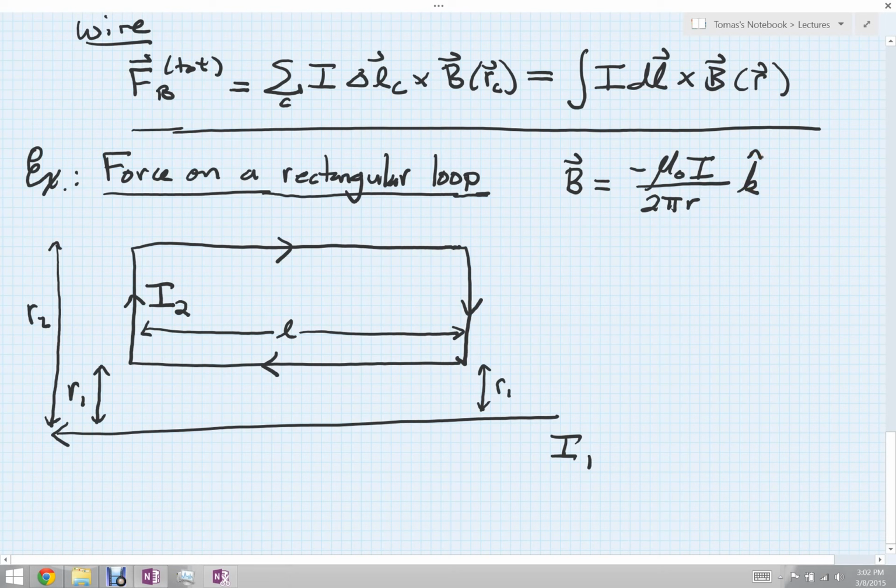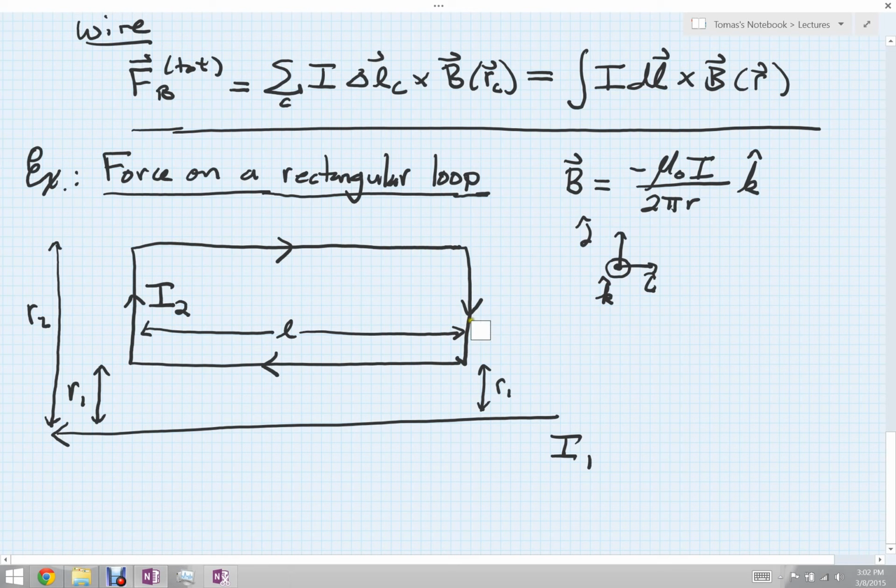So we should have our coordinates on our diagram. This is the i hat direction, to the right, j hat is up, and k hat is out of the page. So, our job: compute the total force on this loop.